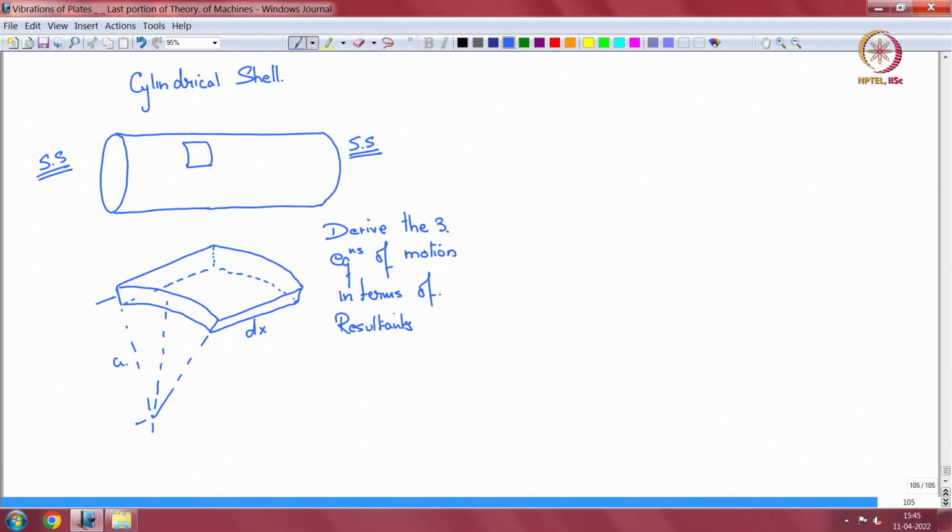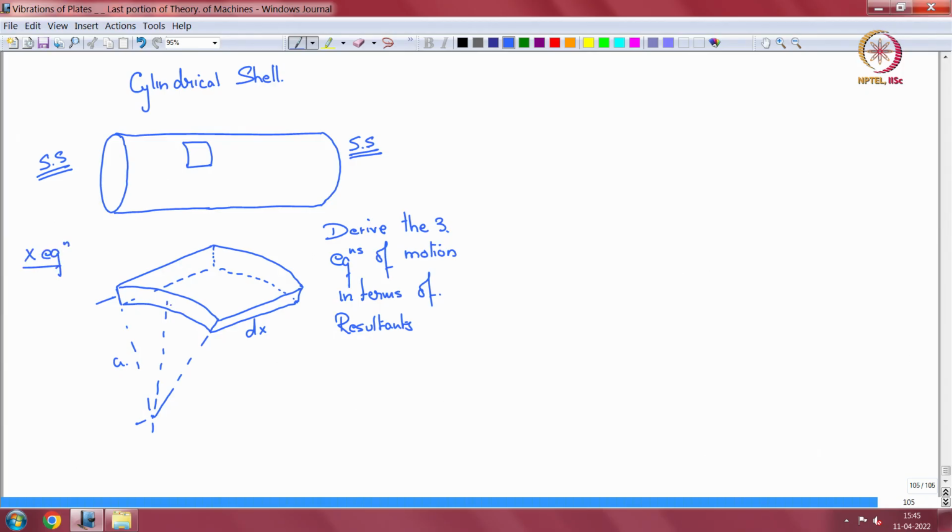We have done all of this in an automated fashion using Hamilton's law, but here I am going to just show you resultants and the force balance. So let us do the x equation first.